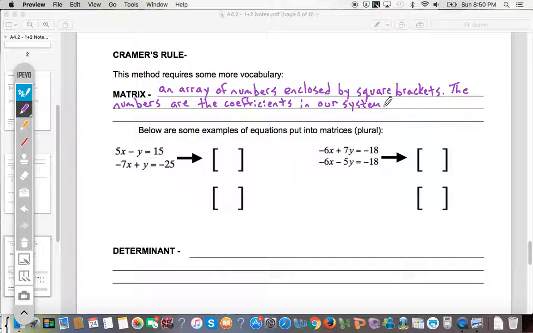So again, this is all notation right here. So using a matrix allows us to organize information without our variables.